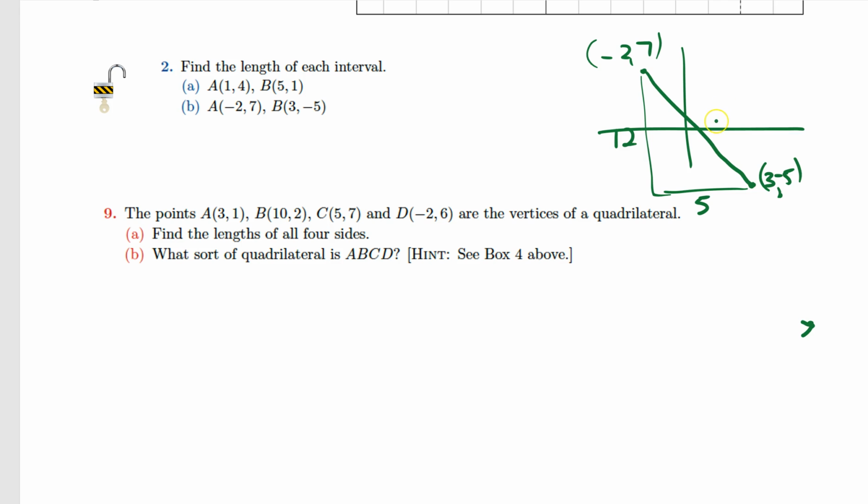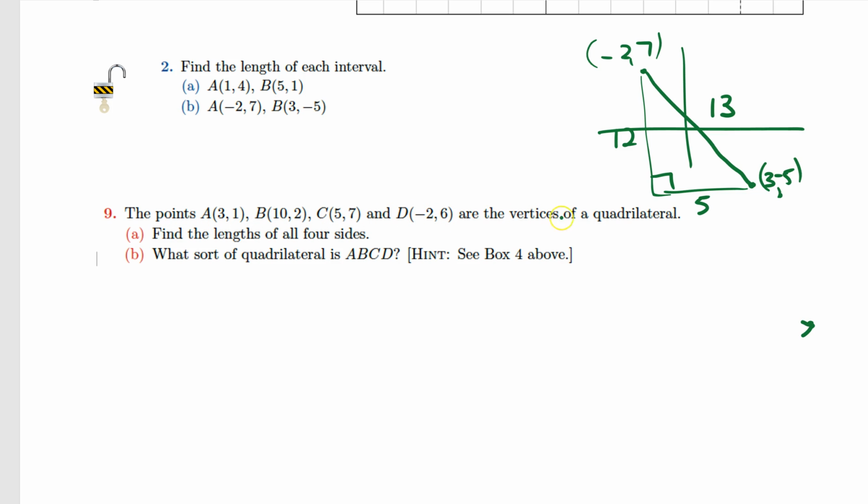Now, once I've got that there, you might remember 5, 12, 13 as a triad, or if not, you can use that this is the square root of 5 squared plus 12 squared. Now, to me, that's the advantage of having the triangle, of having the diagram. We can see at a glance whether it's a triangle that we're familiar with. And it can also stop me making silly mistakes, mixing up x's and y's and so on.